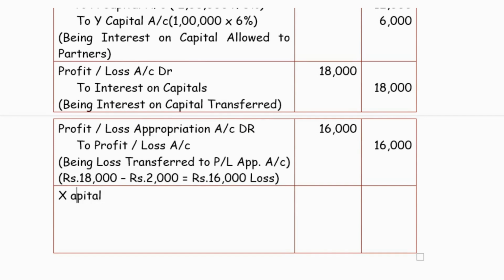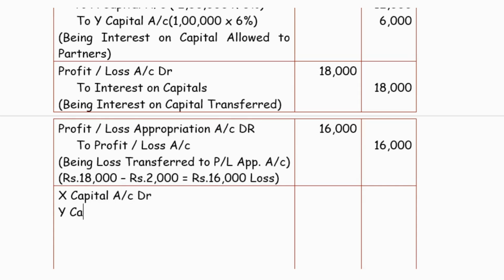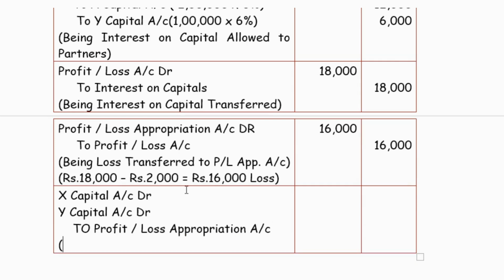And this loss is to be shared by the partners. Whenever there is a profit, the partners will get a credit to their capital accounts. And whenever there is a loss, the partners' capital accounts will be debited to profit or loss appropriation account. In the profit case, the partners' capital account would be credited.